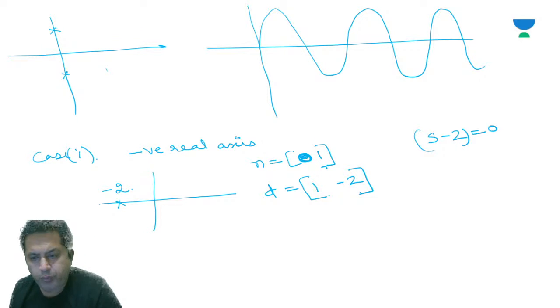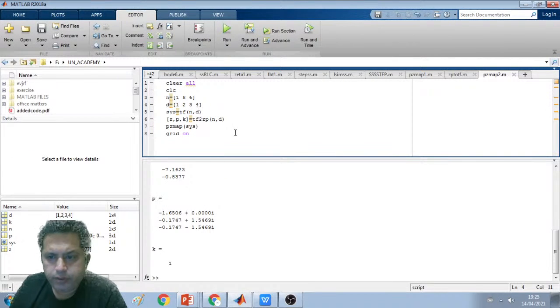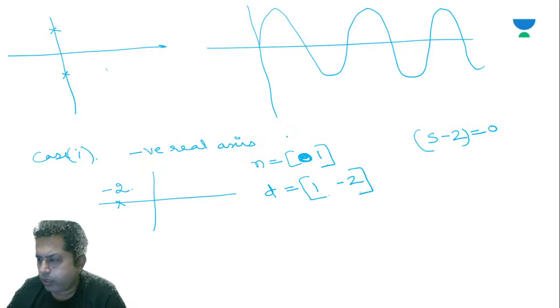Let us write the denominator as 1 space, not minus 2, just a minute. I think this must be plus 2.